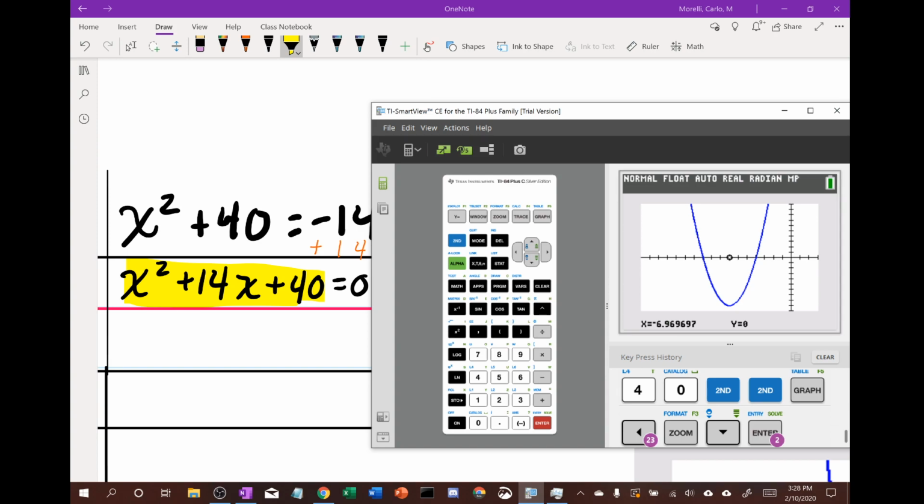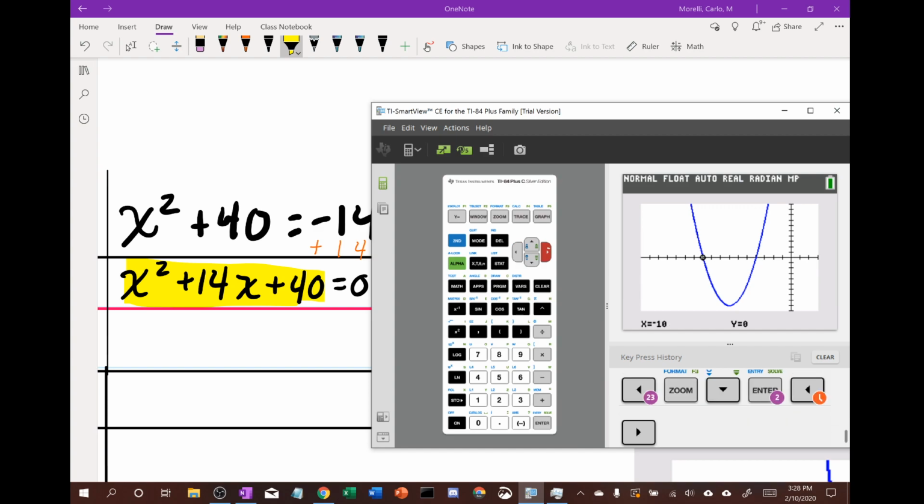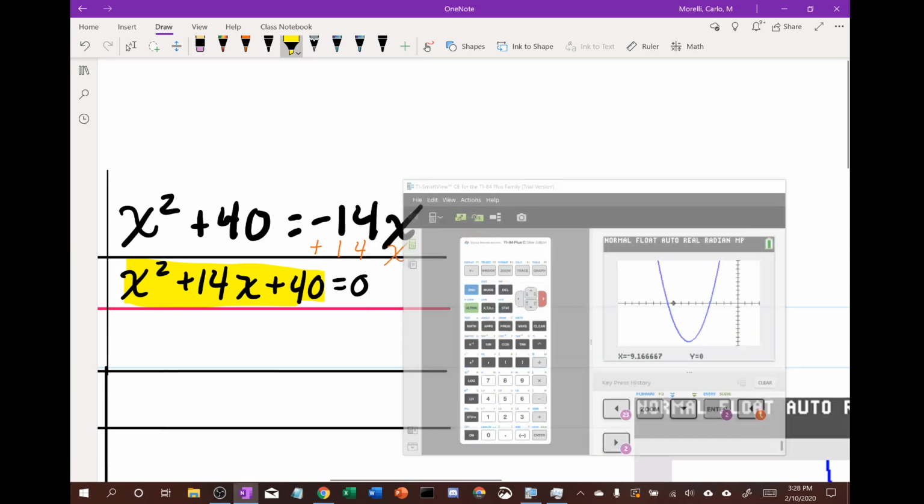I need you to tell me where it's crossing the x-axis. Say it. Negative 10 and negative 4. Okay, good.